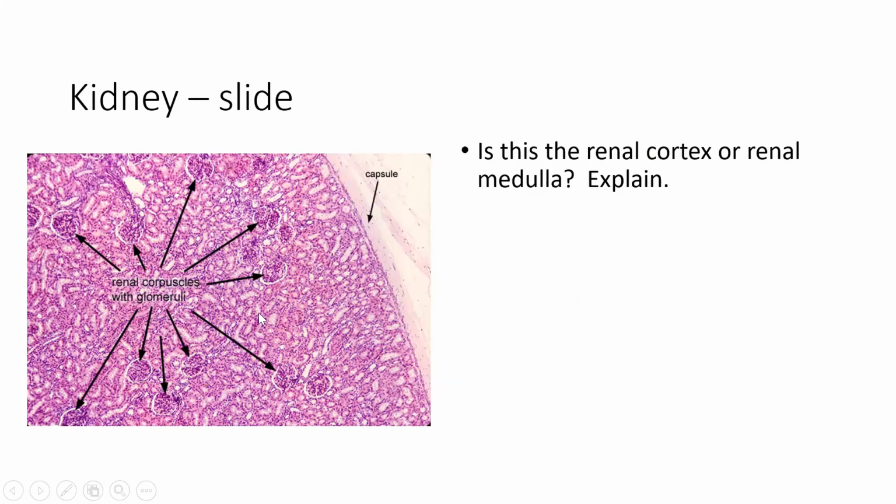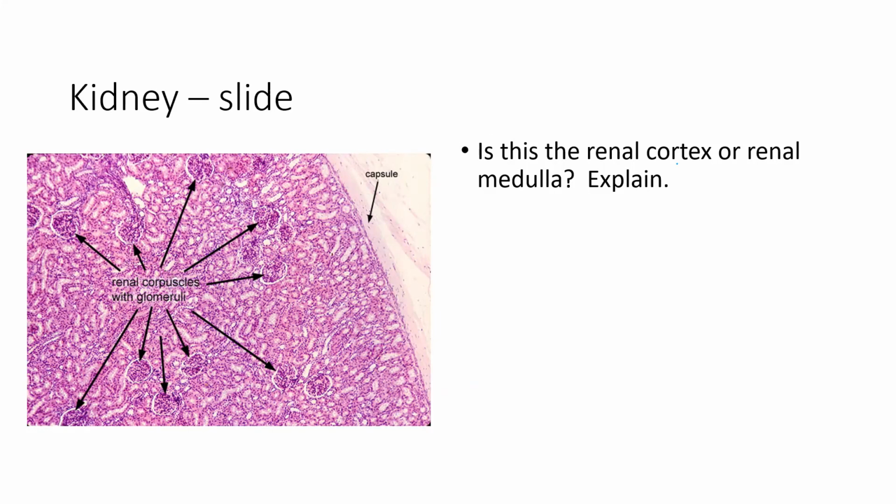We have something like this in the lab. Actually, it's pretty cool. You can see that this is the capsule, and if this word wasn't there, which it wouldn't be on the microscope slide that you see in the lab. One of the questions I asked you is, are you looking at the cortex or the medulla?